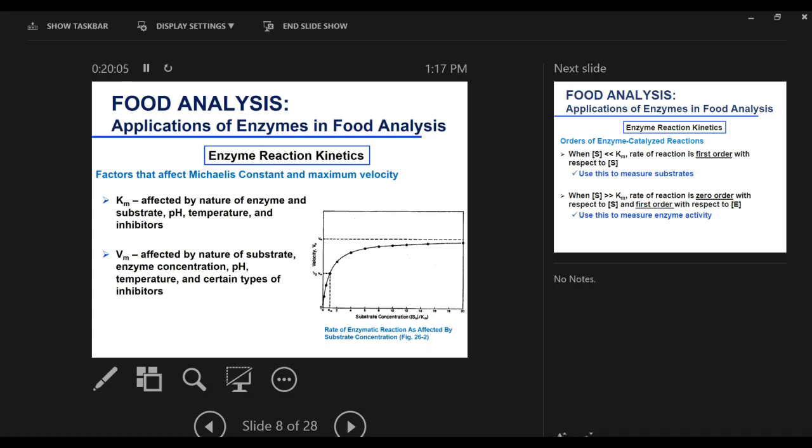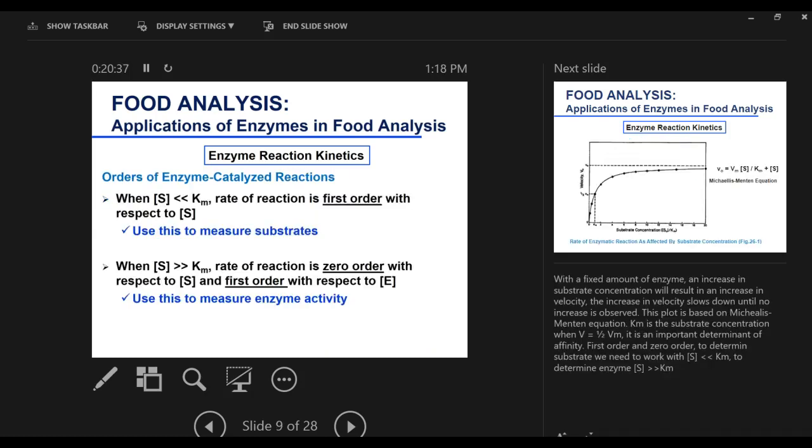Are there any inhibitors in the system? And same here for Vmax. The only difference, instead of the enzyme nature, it's also enzyme concentration that impacts the Vmax. So the higher the concentration of the enzyme, the higher the velocity. If we have saturation with substrate, if we have enough substrate, the more concentration of the enzyme, the higher velocity we are going to reach.